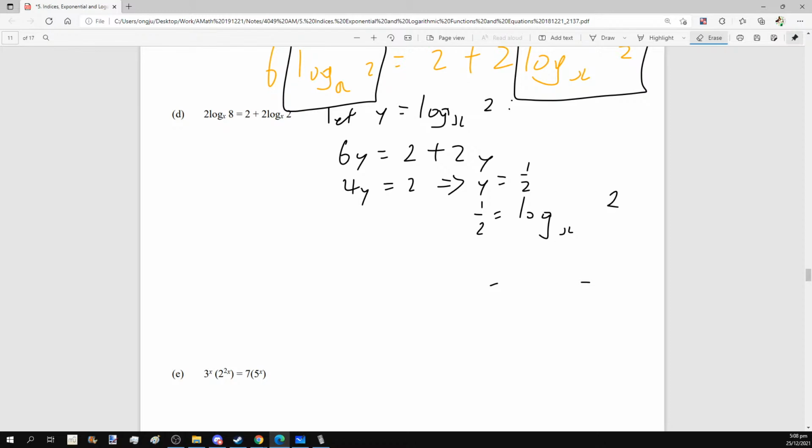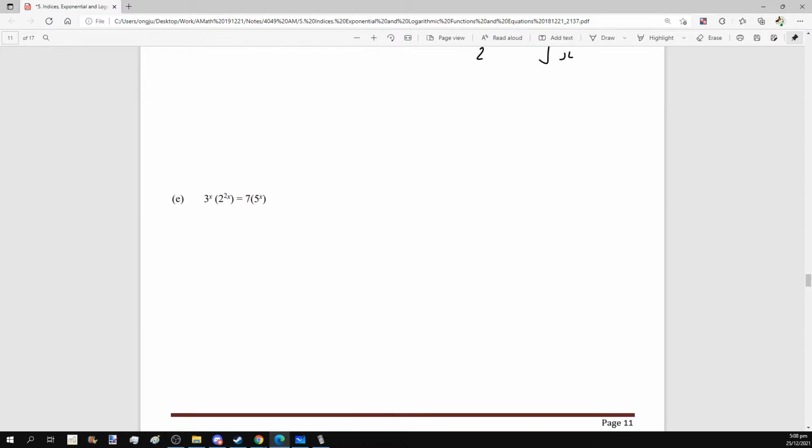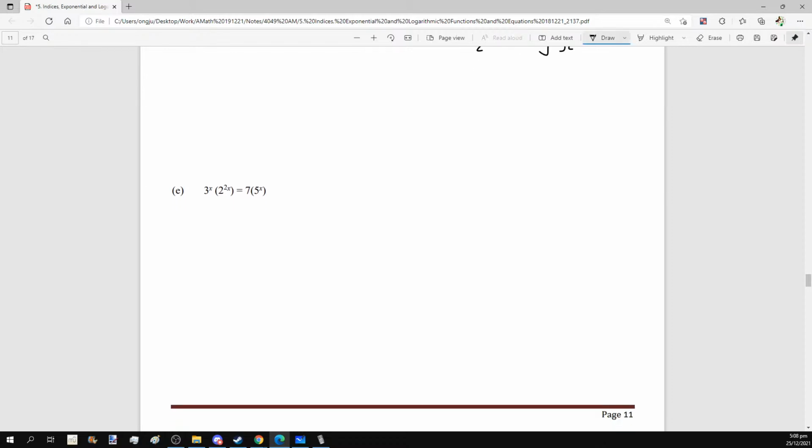Now the last problem over here, at least I think it is the last problem, let me check. Okay, the last problem over here is quite an amusing one. We have 3 to the power of x times 2 to the power of 2x equals 7 times 5 to the power of x. Right, so what I'm going to do is leave the 7 alone and move the 5 to the power of x over.